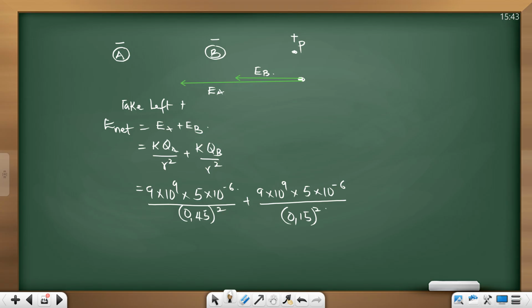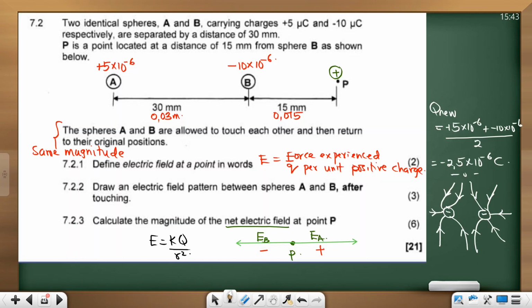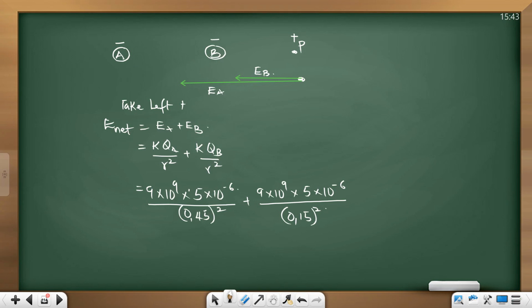Why is it 2,5 after touching each other? What is the charge after touching each other? This is it, 2,5. Oh, 2,5. Gosh, guys, I'm exhausted. 2,5. All right. Let's put that in the calculator. 2,5, not 5. I'm repeating the same mistake.